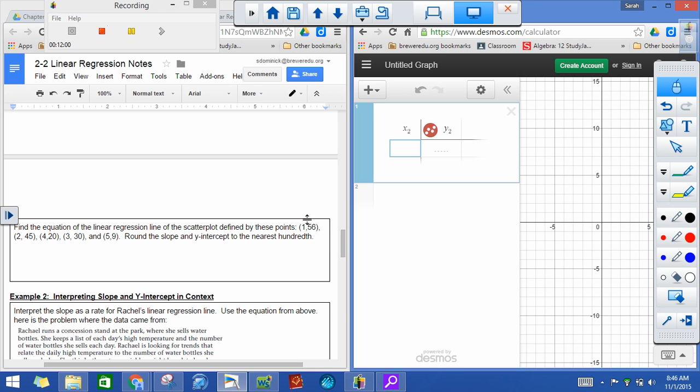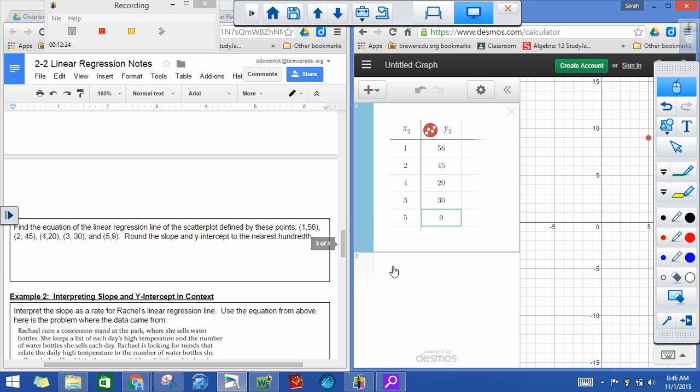My first x is 1, and my first y is 56. And then followed by 2 and 45, 4 and 20, 3 and 30, 5 and 9. So I literally just copied those down from over here from this part of the example.